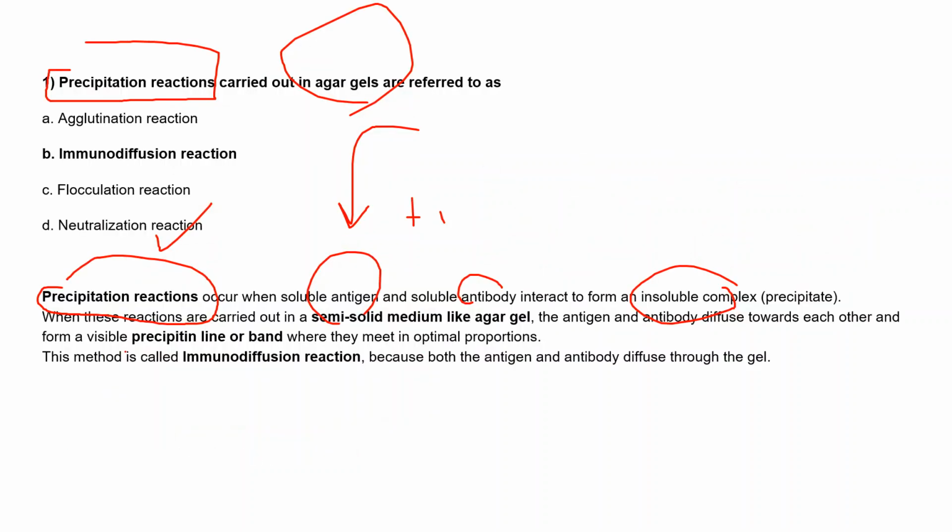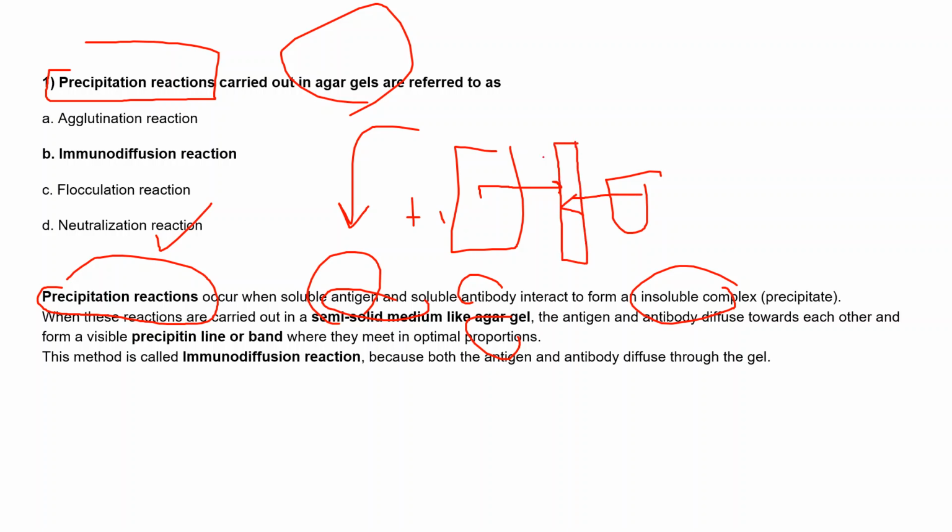We call it precipitation reaction, right? So when this reaction is carried out in a semi-solid medium like agar gel, this is the agar gel and here is an antigen and antibody. In the experiment it was observed that the antigen and antibody diffuse toward each other, and there is an area in which their amounts are equal, and they form a very visible precipitating line or band where they meet in the optimal proportion.